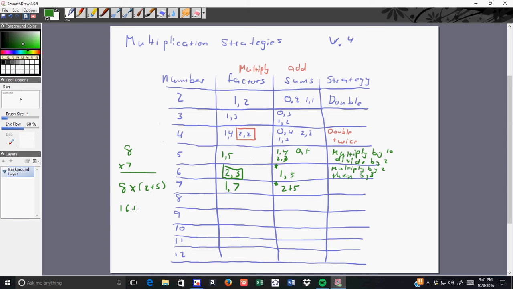That's 16. And what's 8 times 5? That's 40. Well, I know that 40 and 16 is 56, and so that's it. So what I do is I multiply by 2 and 5, and I add.